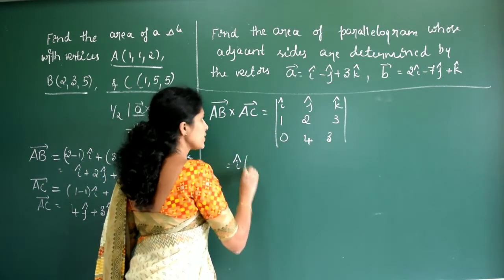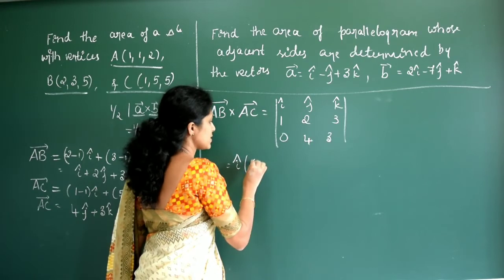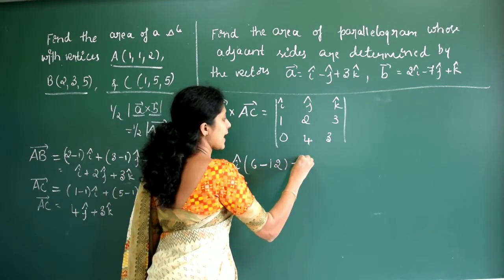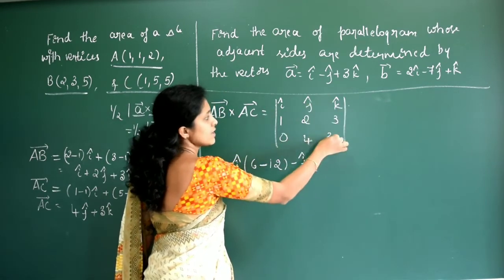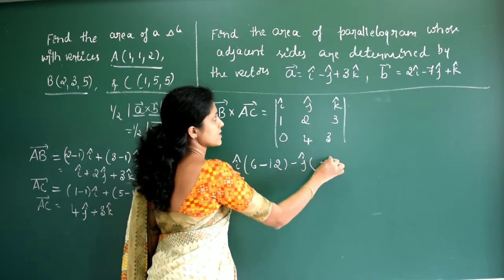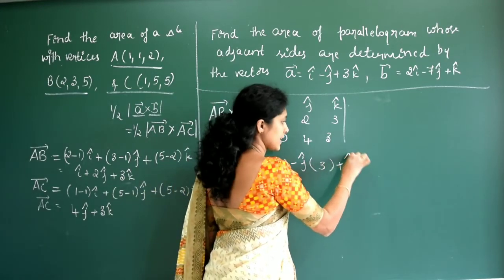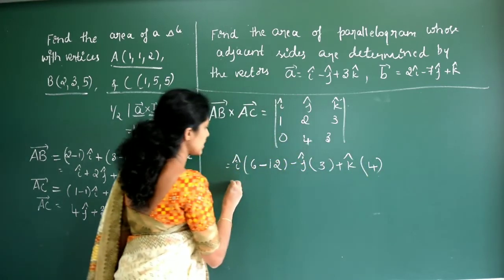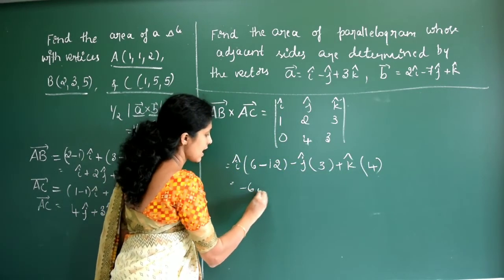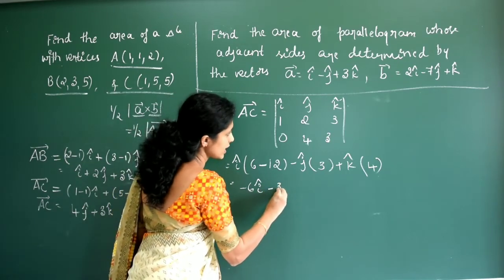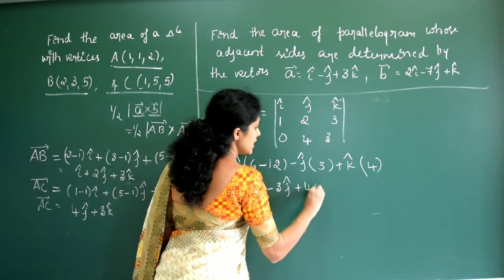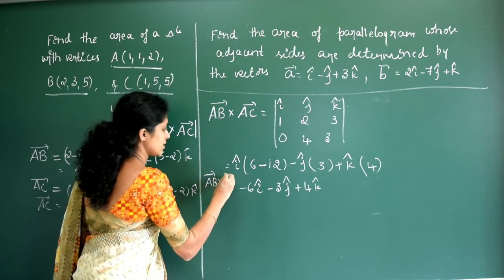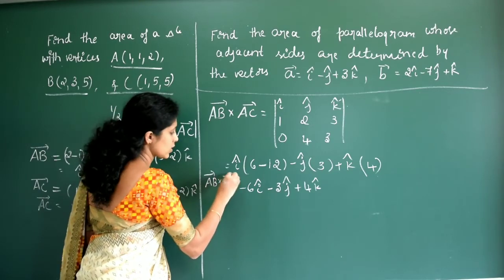I cap into, delete first row, first column, 3 into 2 will be 6, 4 into 3 will be 12, this is 6 minus 12, minus J cap into, delete this and this, 3 into 1 will be 3, minus 0, clear, plus K cap into, delete this, 4 into 1 will be 4. So this is equal to 6 minus 12 will be minus 6 I cap minus 3 J cap plus 4 K cap. This will give you the AB vector cross AC vector, right?